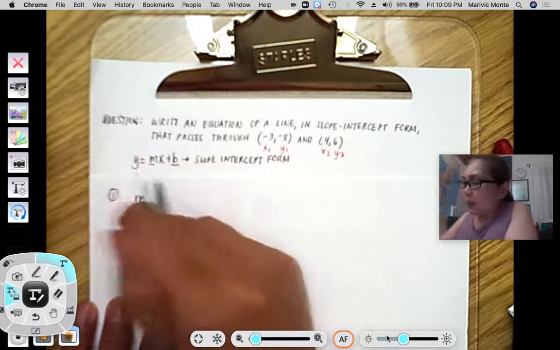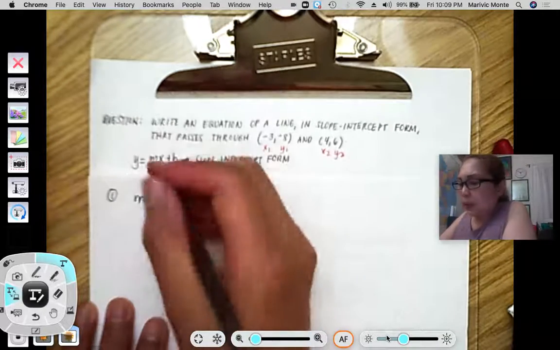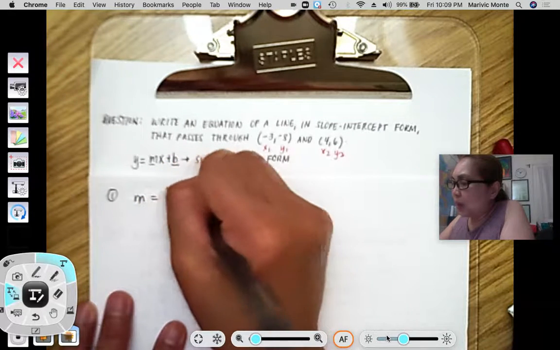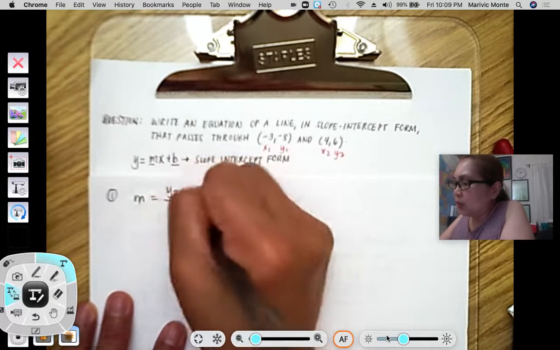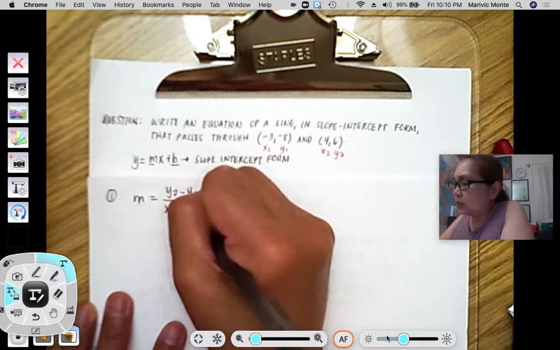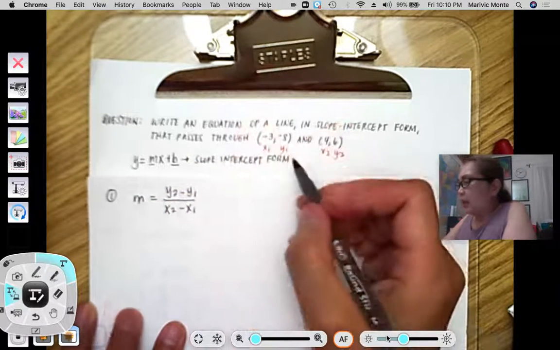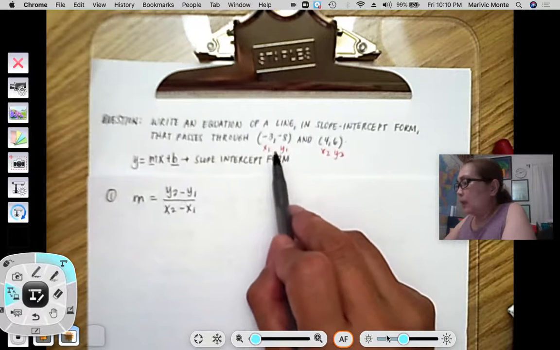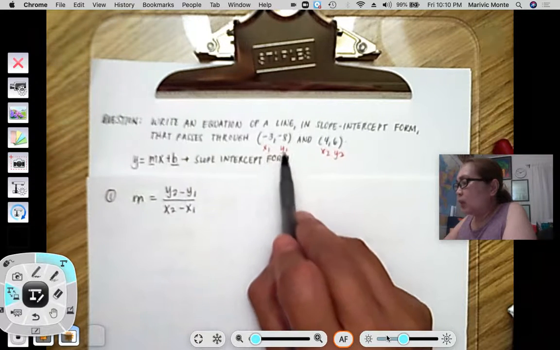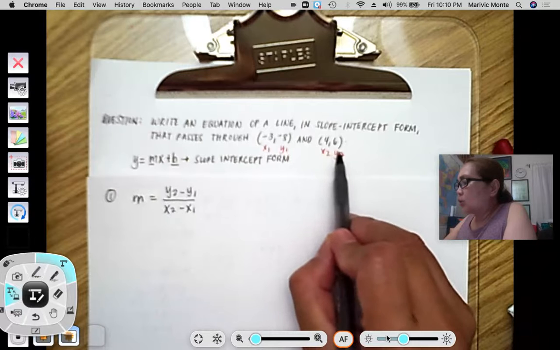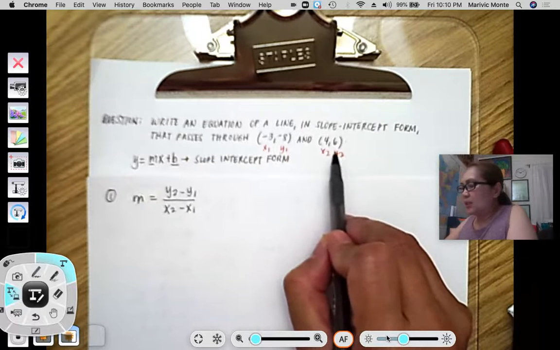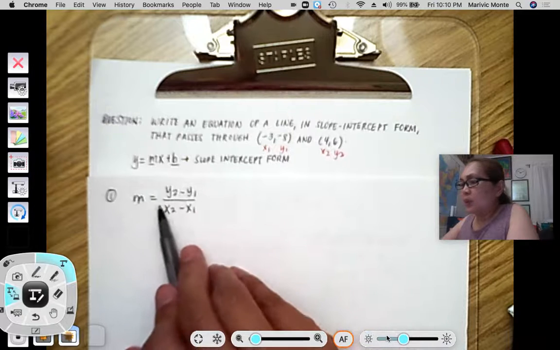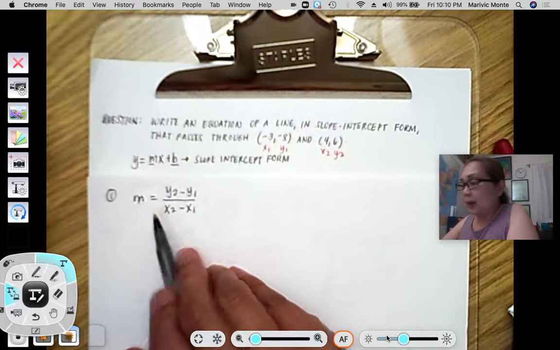So from Algebra 1 again, remember the slope formula is m equals y2 minus y1 over x2 minus x1. It helps to label the coordinates as x1, y1, and then x2, y2, so it's easier for you to identify the numbers when substituting into your formula.